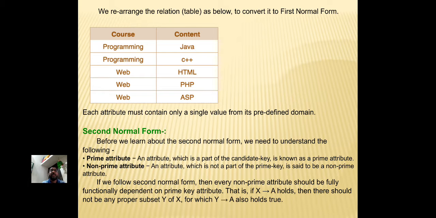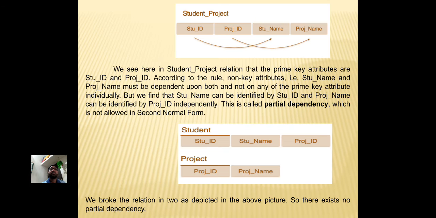If we follow second normal form, then every non-prime attribute should be fully functionally dependent on the prime key attribute. That is, if X implies A holds, then there should not be any proper subset Y of X for which Y implies A also holds true.